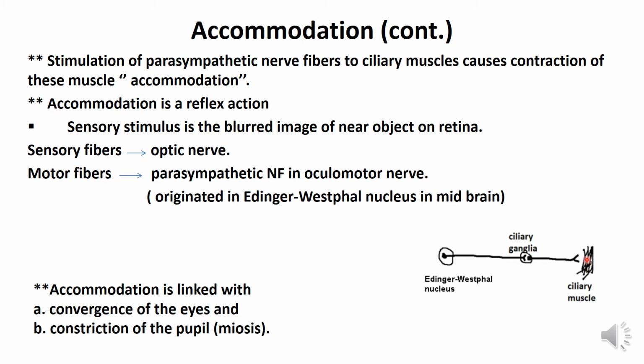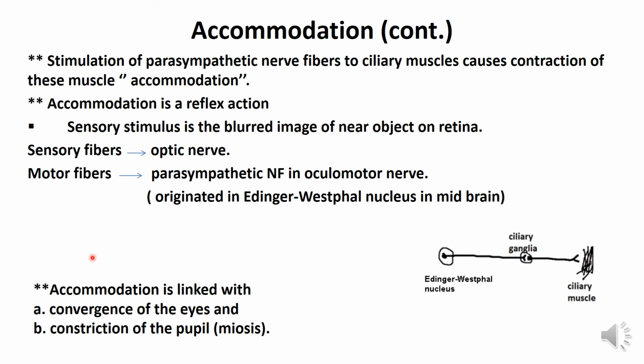So as you can see, it is a reflex. It starts from the eye. The sensory impulses are carried by sensory fibers in the optic nerve going to the midbrain, and then from the midbrain through the parasympathetic fibers to the ciliary muscle.